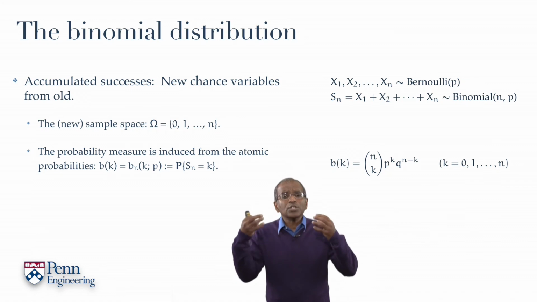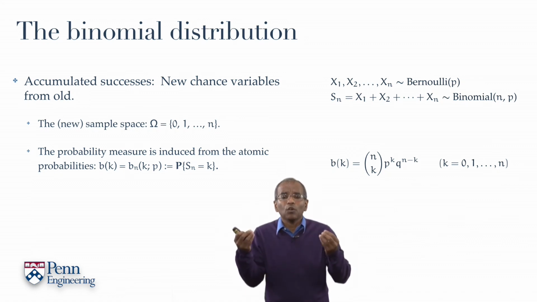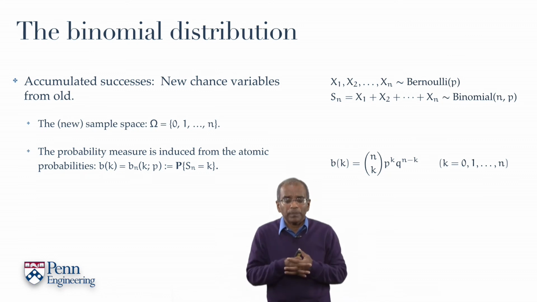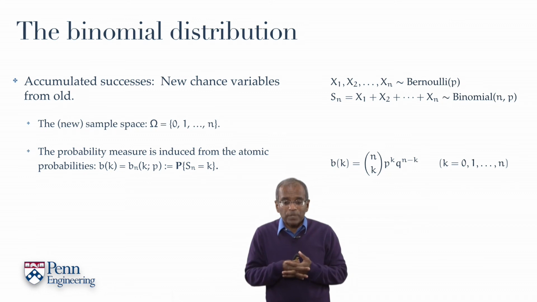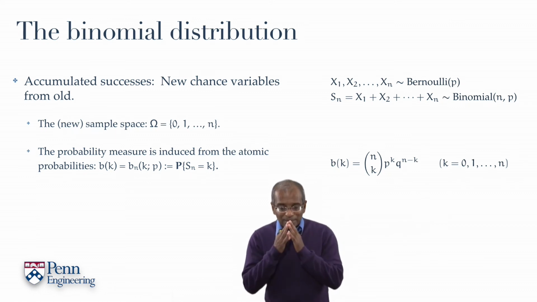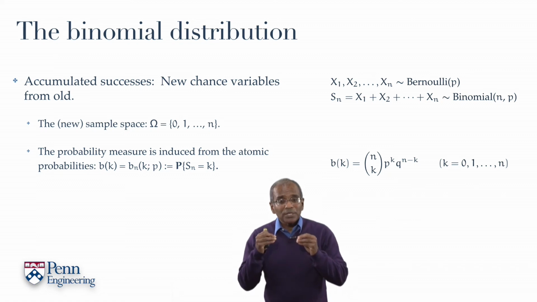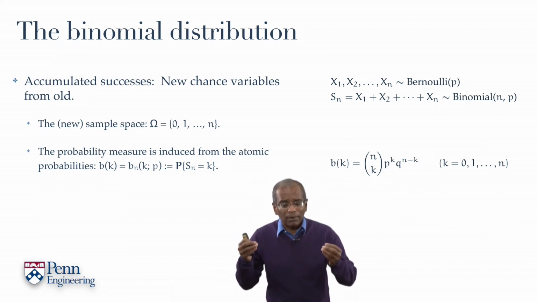The word distribution here is a surrogate for the atomic mass function for this particular problem. What we've discovered is a new chance variable, the accumulated successes, contrived, put together from these old variables x1 through xn. At this stage, before we proceed, we should consider whether we've done our calculations correctly.